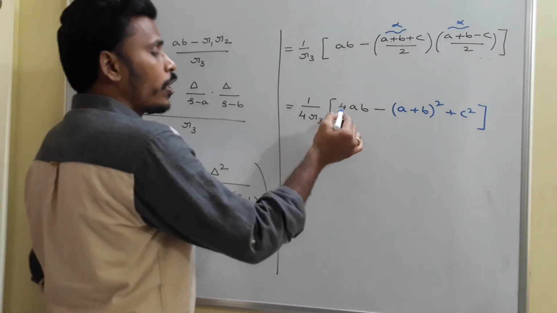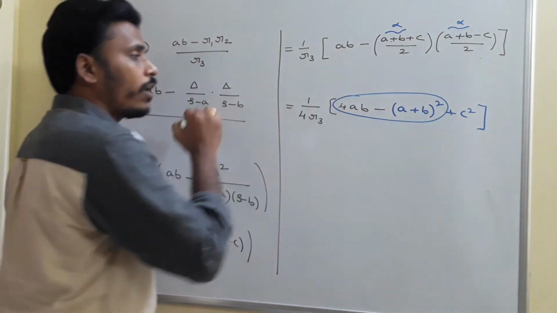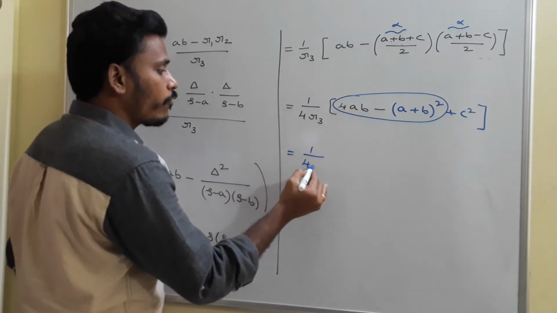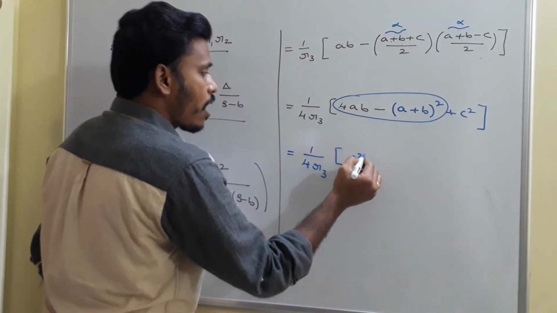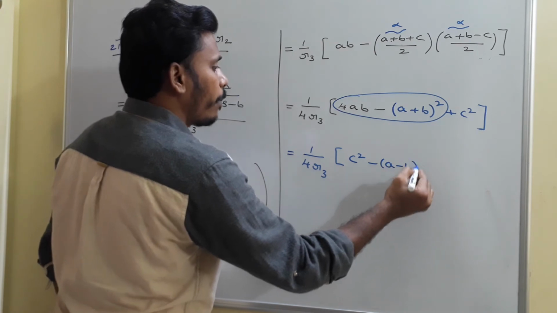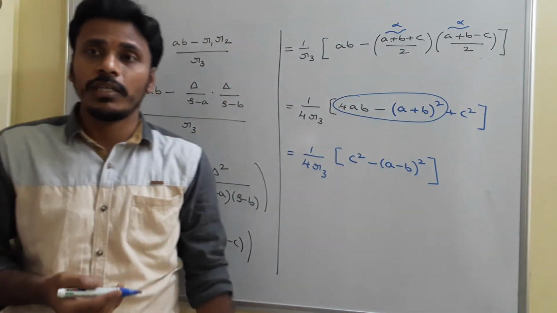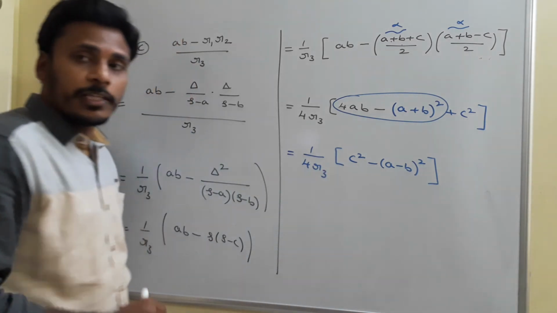In the next step, pay attention to this bracket, these two terms, 4AB minus A plus B whole square. So this is equal to 1 by 4R3, and in the bracket this is C square, and now 4AB minus A plus B whole square is nothing but minus A minus B whole square. Very clear ideas from the algebraic identities. So now C square minus A minus B whole square.